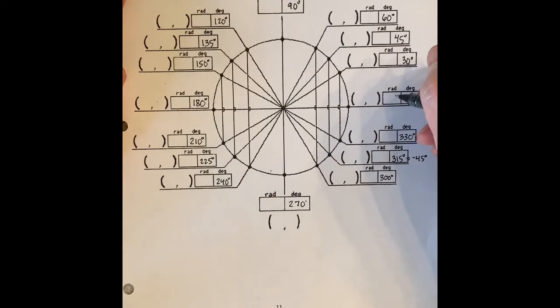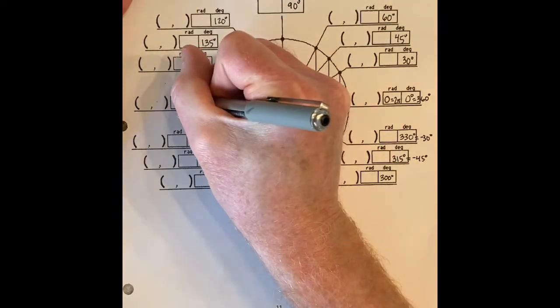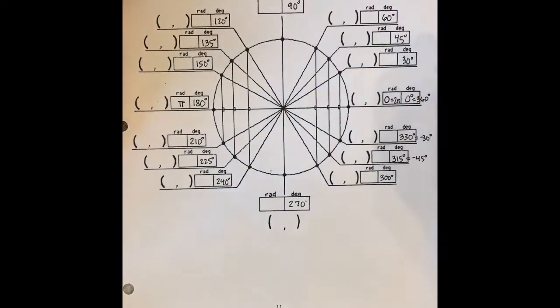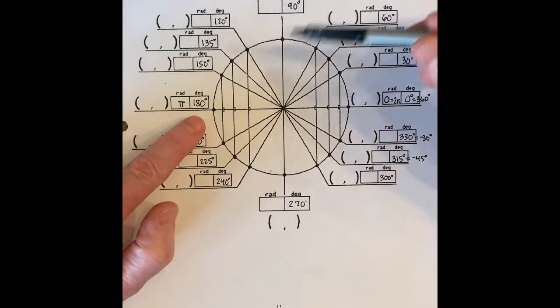So anyway, right here, I can call that 0 radians, which I will, but I could also call it 2 pi radians because 2 pi goes with 360. Okay, so if that's 0 radians, if that's also 2 pi, then halfway around would be pi radians. Okay, now I'm going to do the same thing to pi that I did with 180.